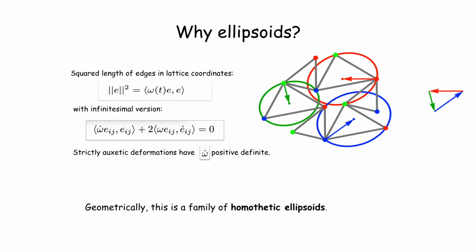And then to a geometer, that equation immediately says, oh, we have a bundle of homothetic ellipsoids. So that's the geometrical explanation of auxetic motions.